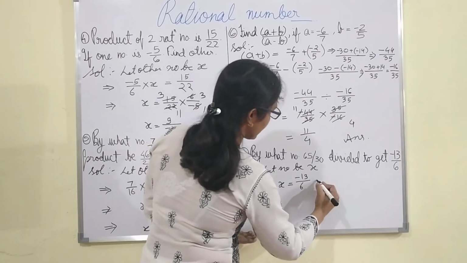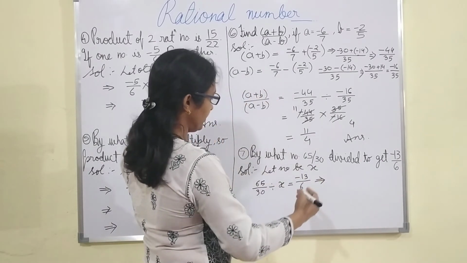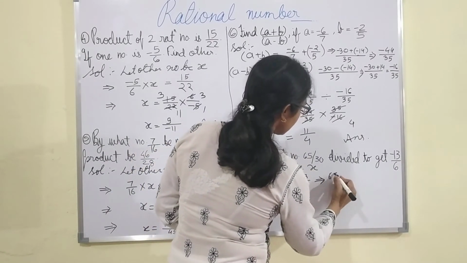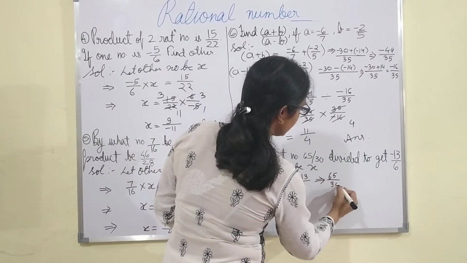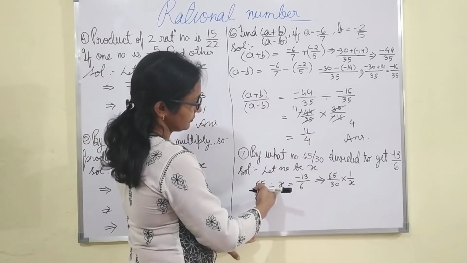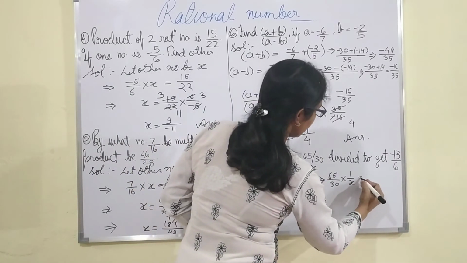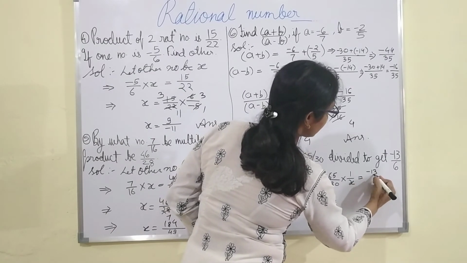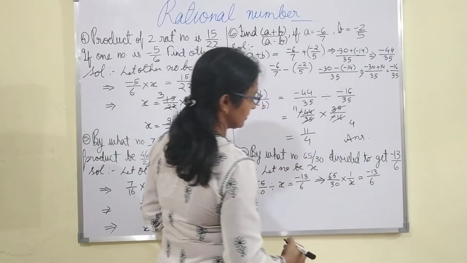Okay. So the next step will be 65 upon 30 into 1 upon x equals minus 13 upon 6.